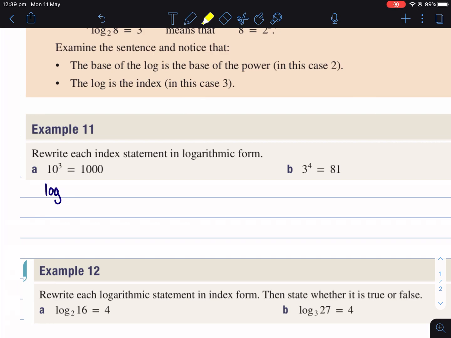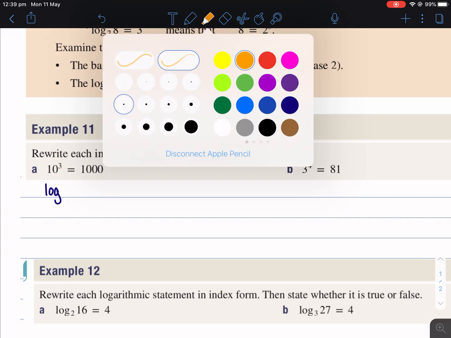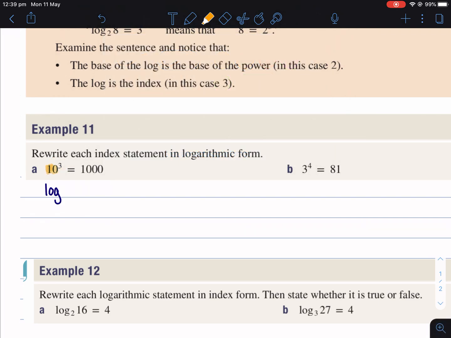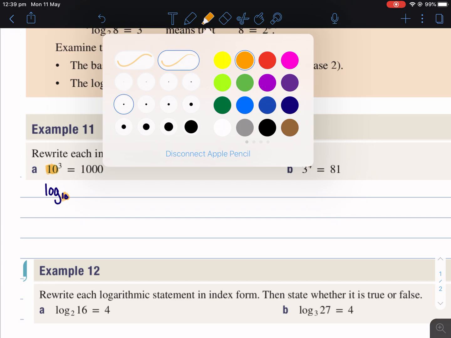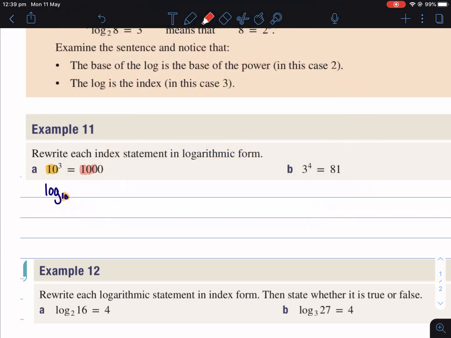log, and then it's base, base 10 of the 1,000.